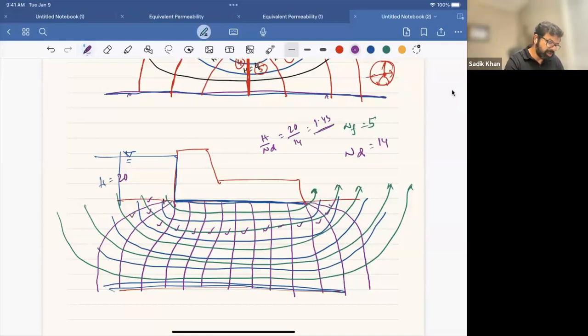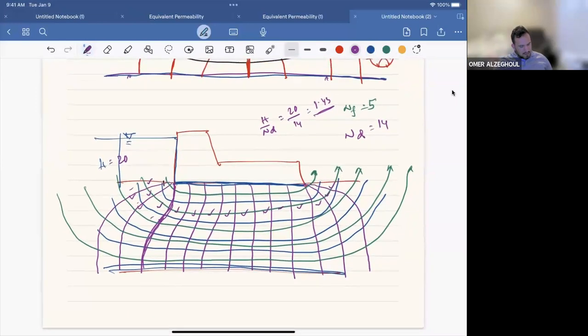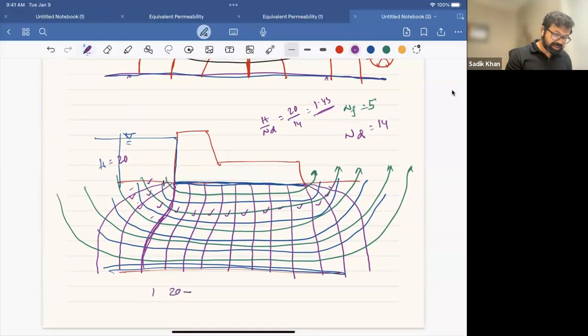So at each point we have the drop. So the pressure we can calculate at this point. So this is our how many drops? 1, 2, 3. 3 drops. So at this line, what is the soil pressure at this line? So how can we calculate? Our total pressure is H, which is 20 minus 3 drops multiplied by 20 over 14, right?